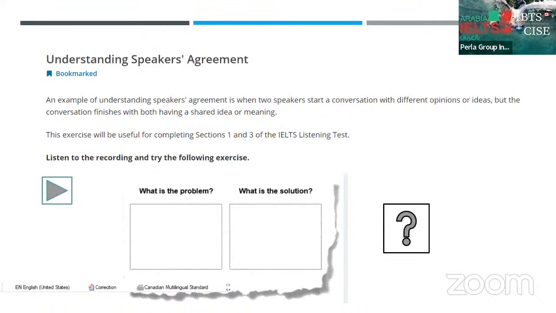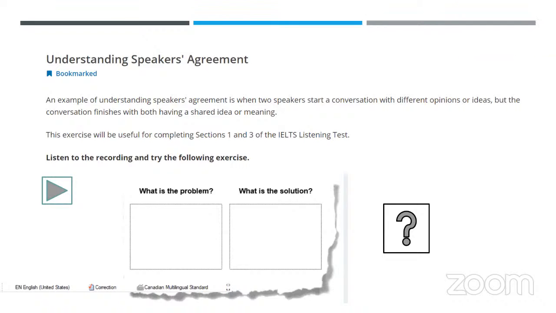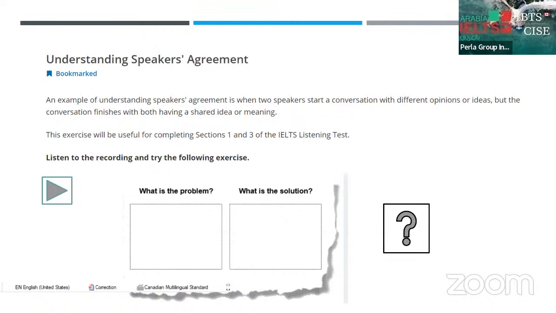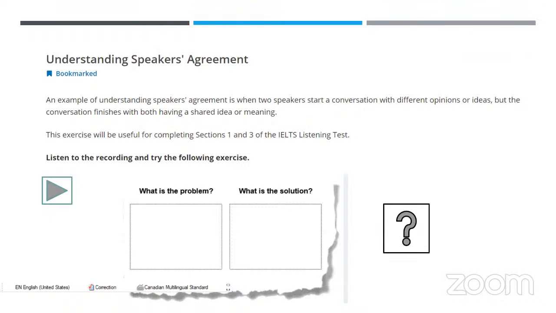Okay, the problem was, so there's two speakers, right? Bob and Anne, which is the male voice and the female voice, okay? And they have different ideas about how to start making the project plan. So they need to do a project plan.